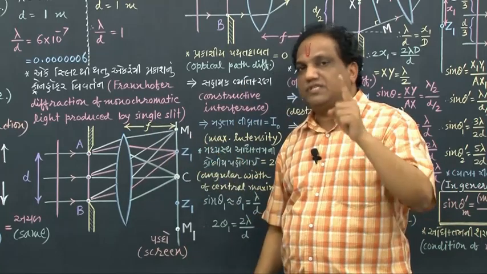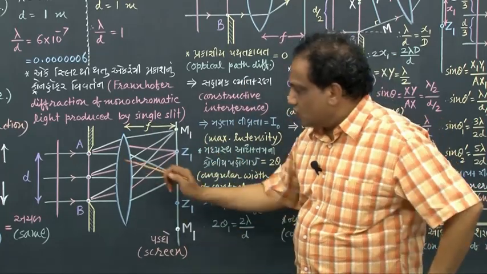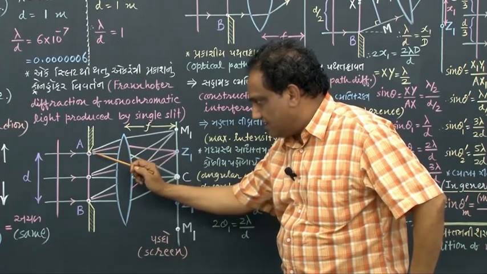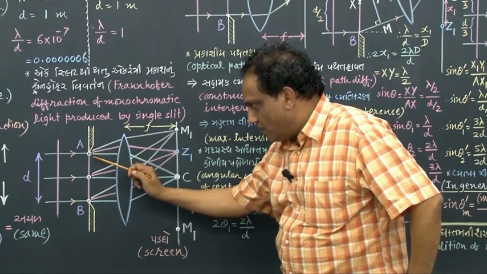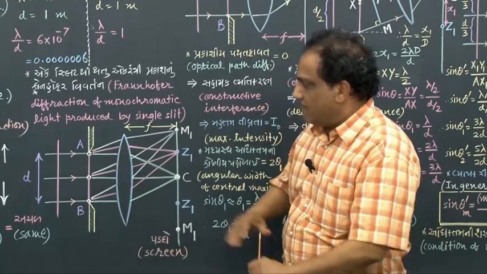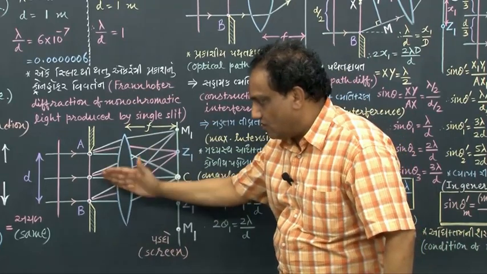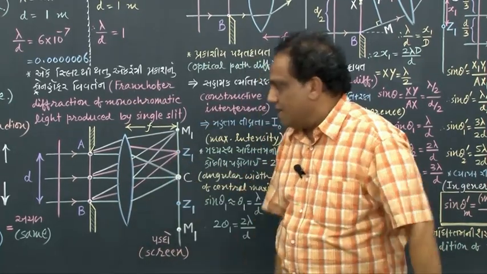You may consider emission in these directions, and in the lower directions also. The way you have shown the rays on the upper side, you may show rays on the lower side also.